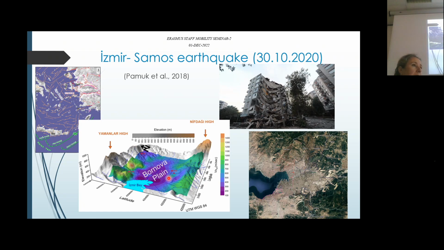And for the plane, there is another issue that we also need to consider: topographic effect in soil amplification. That's why we are trying to understand and model it with a finite element approach with a program, if we can establish that.